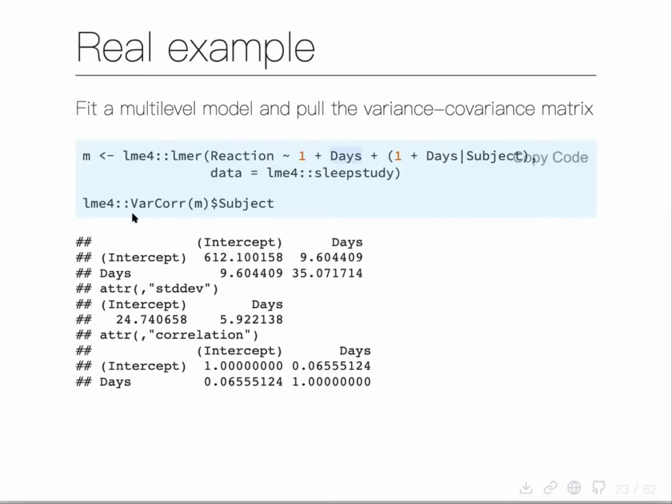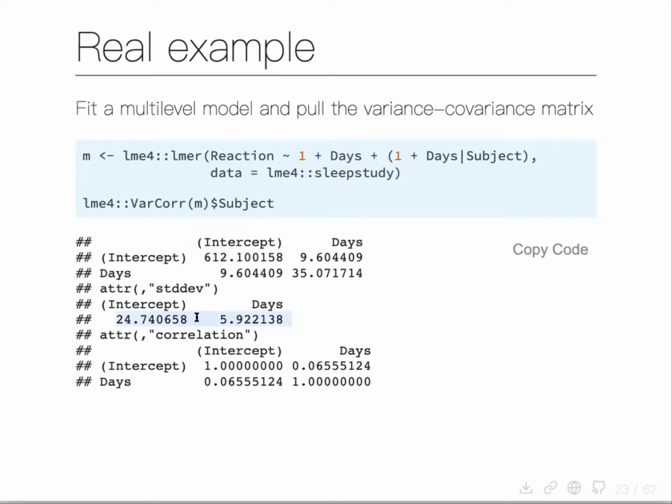So if I use lme4 and I say VarCorr, variance correlation, for M, and give me the subject one, right here, then this is the matrix that I get back, right? This is the variance-covariance matrix for this model. And that's really useful, right? But it also gives me additional information through attributes, okay, through arbitrary metadata. So down here I have stddev, right? So basically these are the variances and these are the standard deviations, right? So just these transformed.